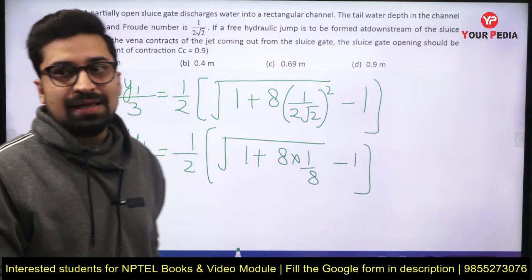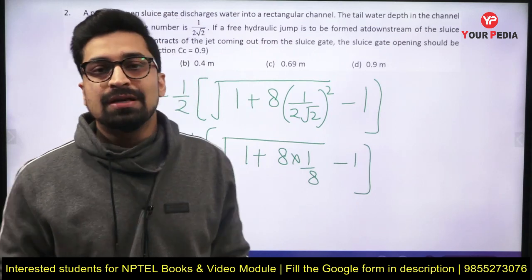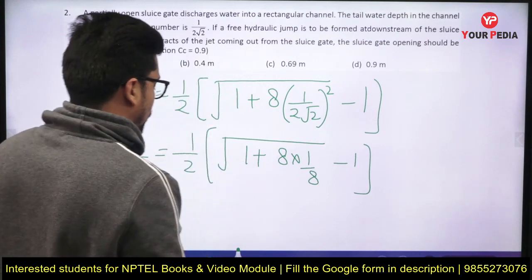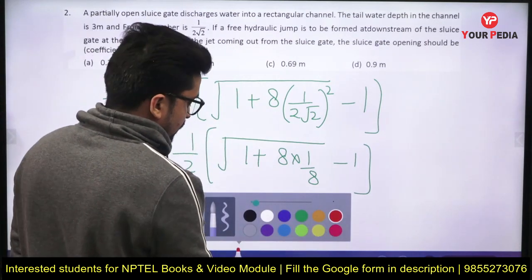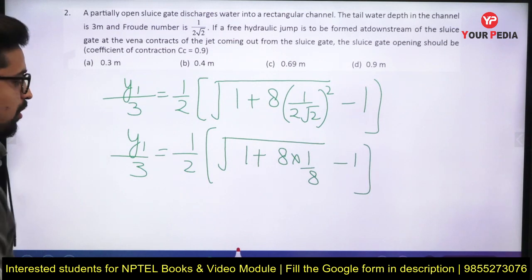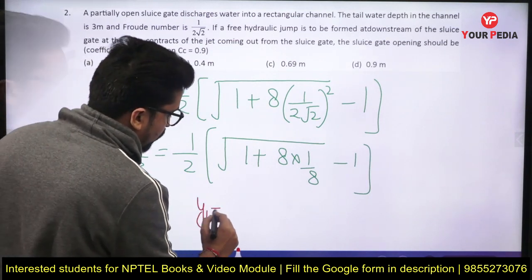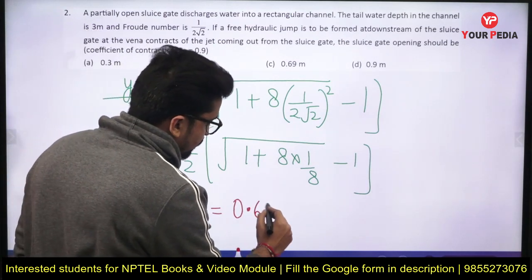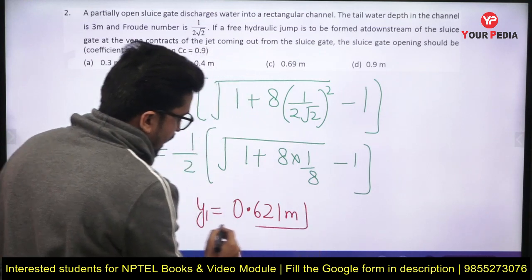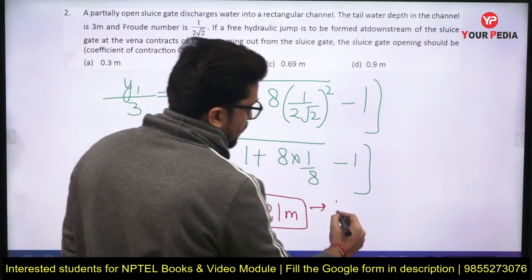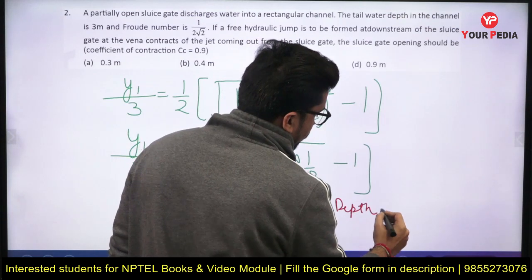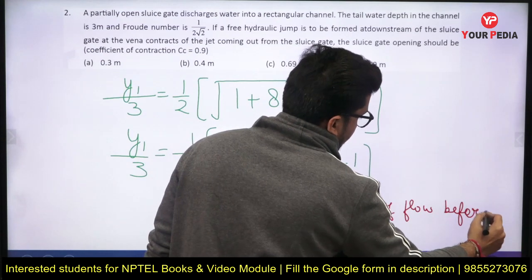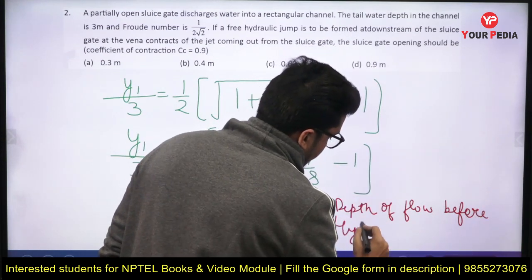Solve this and you will get the value of y1, which is the depth of water before the hydraulic jump occurs. So y1 will come out to be 0.621 meter, and this is the depth of flow before the hydraulic jump occurs.